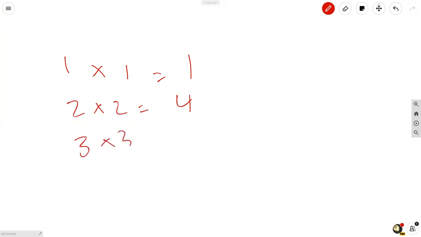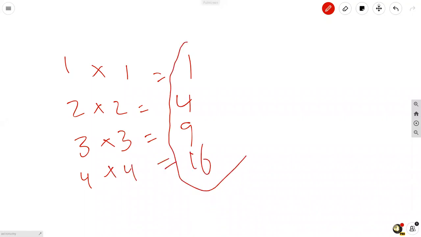Now the next step is to figure out what a square number is, right? So a square number, if I said 1 times 1, is 1. 2 times 2, 4. 3 times 3, 9. 4 times 4, 16. We call all of these numbers square numbers.